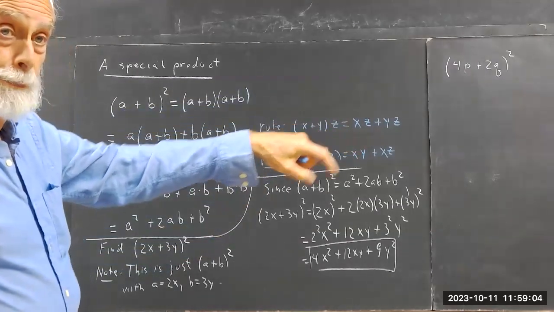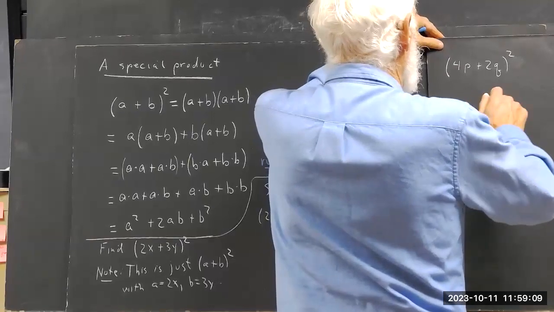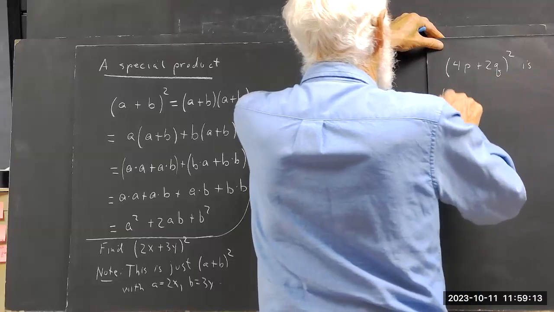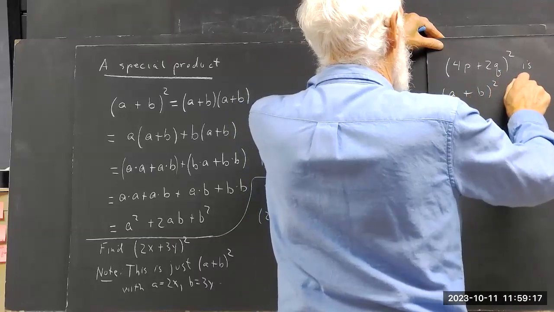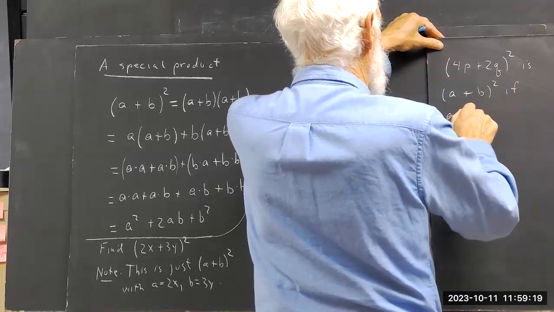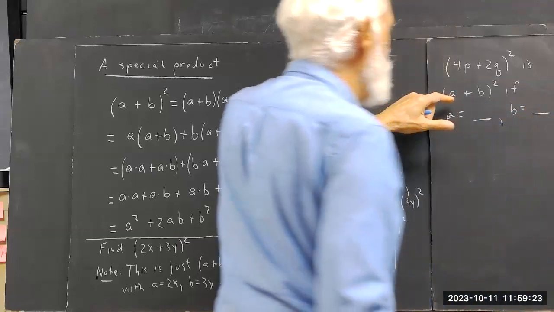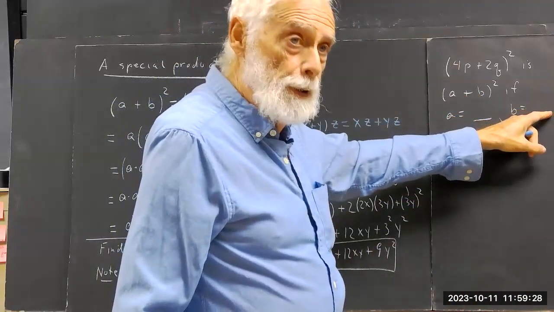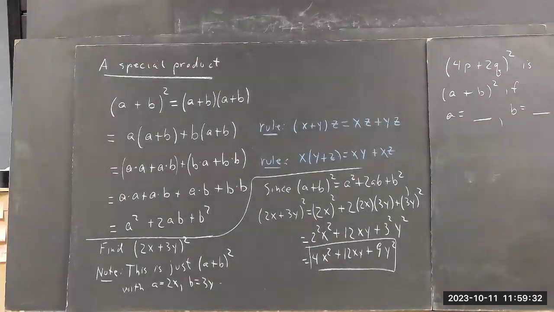Figure out what a is. So let me give you just a little hint. This is part of the a plus b squared if you let a equal what and b equal what. Okay, see if we can answer that question.